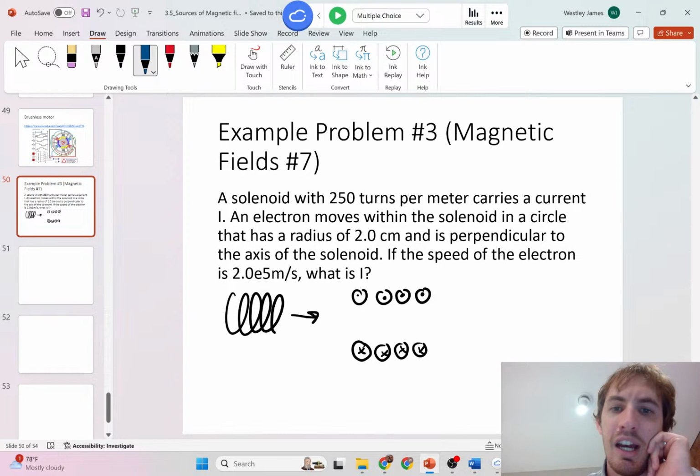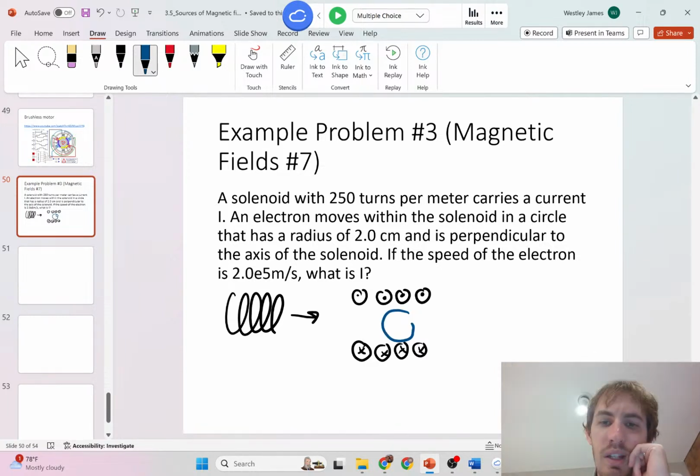I've got an electron making a circle. There's my electron, and it's making a circle. And I'm struggling to make that, there it is. Doesn't matter which way the circle's going for this problem. The circle's got a radius of 2 meters. So R equals, not 2 meters, 2 centimeters. I'll put the 2 cm.